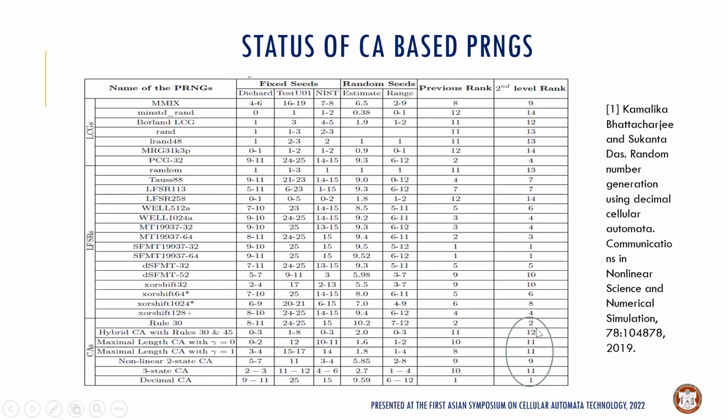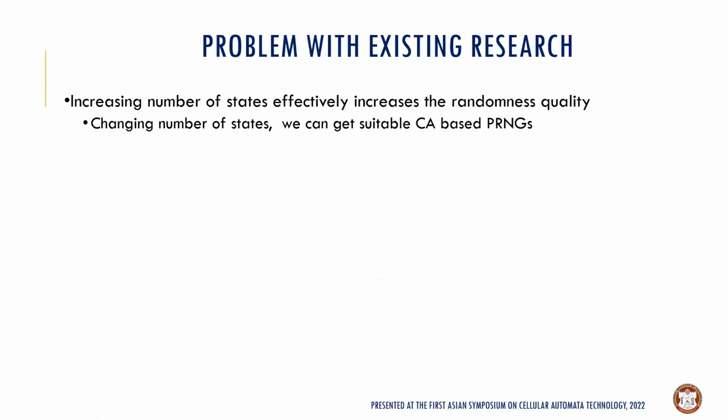If you increase the number of states from 2 to 10, that is the decimal CA, they perform very well, like the competitor best PRNGs which do not belong to the class of CAs, that is the SFMT 19937, a variant of Mersenne Twister. Therefore, decimal CAs are good contenders to be a good source of randomness.